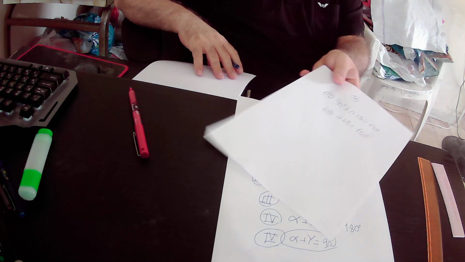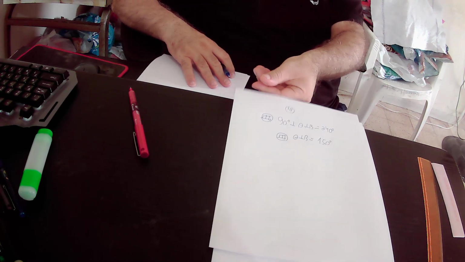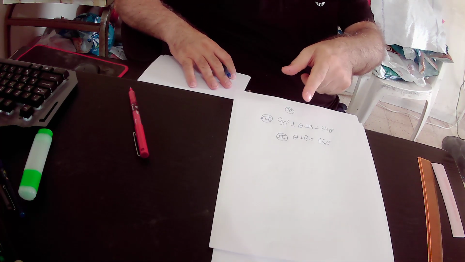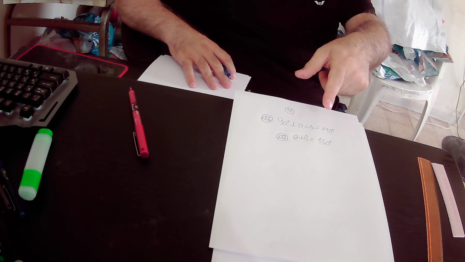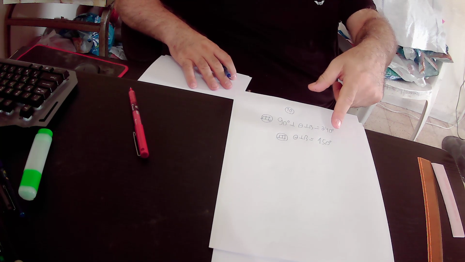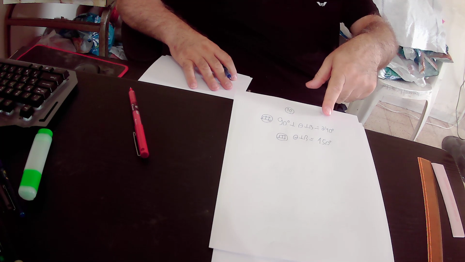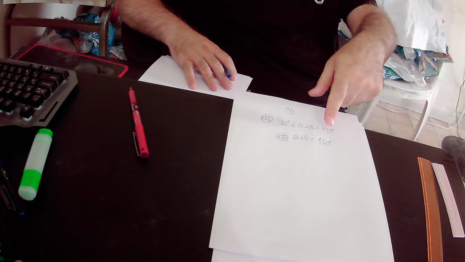Okay, after we subtracted 90 degrees from this third equation, we got that theta plus beta equals 150 degrees, because 240 degrees minus 90 degrees equals 150 degrees.